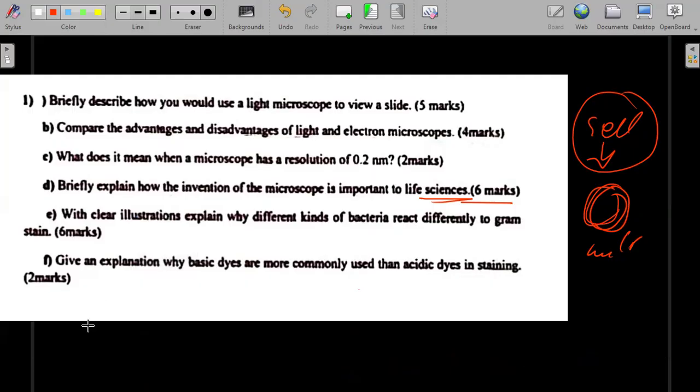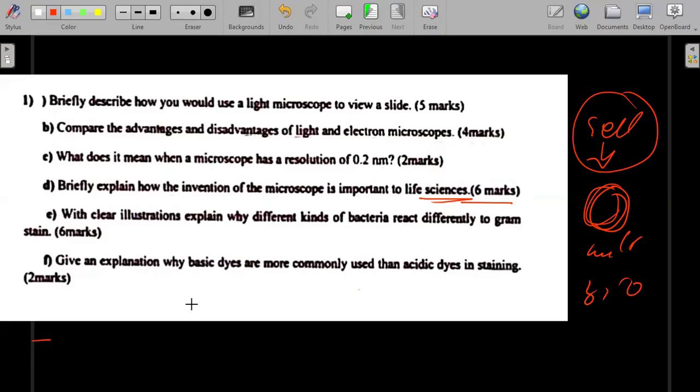Sometimes, if you go to the hospital, they can get a part, let's say a biopsy, then maybe they will view it on the microscope to diagnose the type of disease you're having.